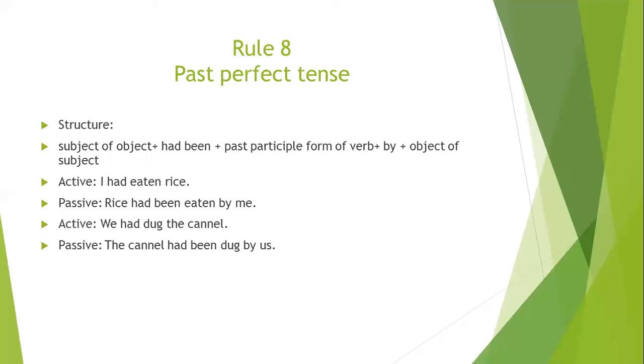Otherwise, the whole sentence might be wrong. Here, dug is the past form of the term dig. And again, dug is the past participle form of the term dig. So, you will use the same terms in both the cases.